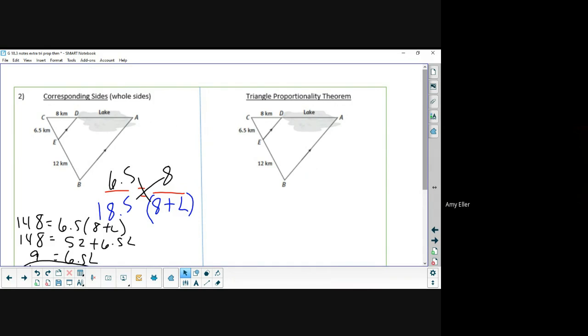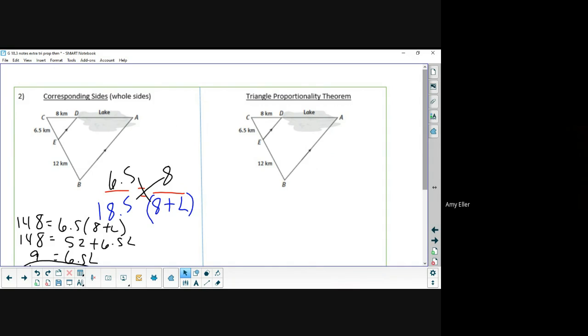There's a quicker way to do these problems, but the shortcut doesn't always work. So I'm going to teach you the shortcut, and I'm going to teach you when to use the shortcut. If we use it all of the time on every problem, you're not going to get them all right. The shortcut is great, but it doesn't work for every problem. So let me show you what the shortcut is.